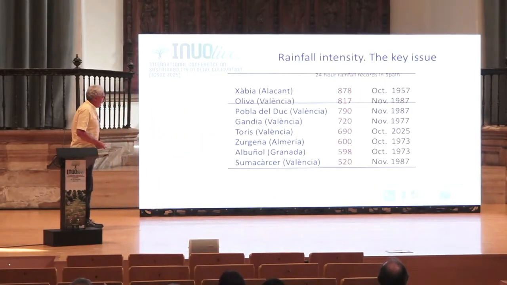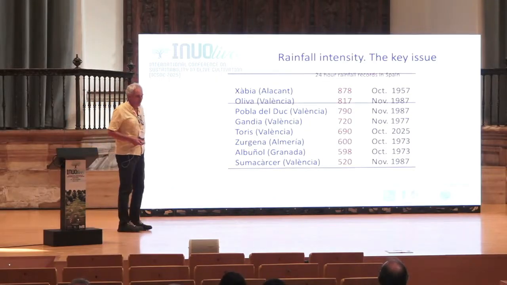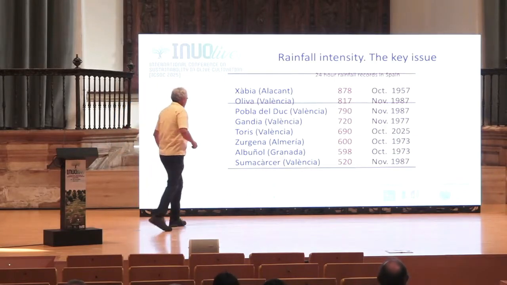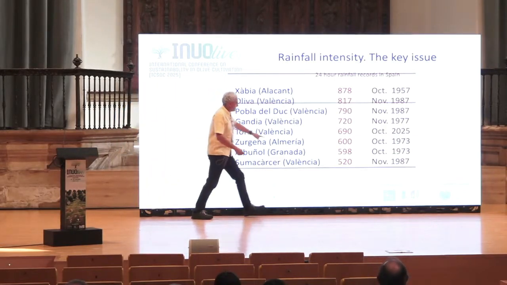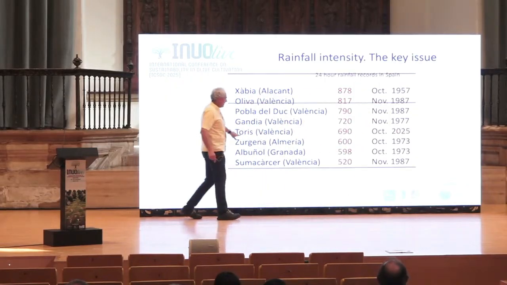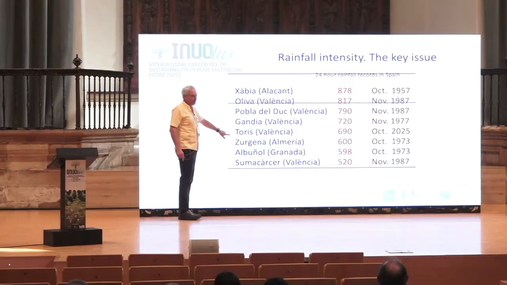Okay, how much rainfall can we have in one day? This is 24 hours rainfall, and I selected some events. This one here, well, it's a mistake here. It should be 24. It's 1 year ago. This is the rainfall in one day that provoked the floodings in Valencia.